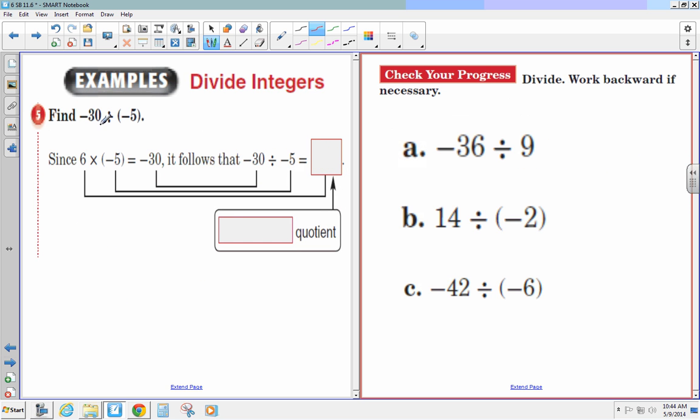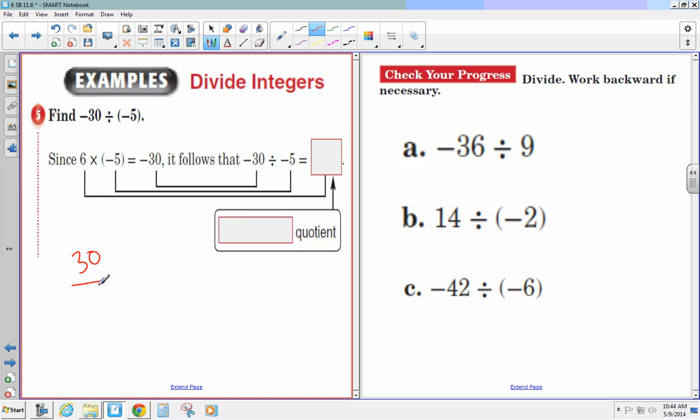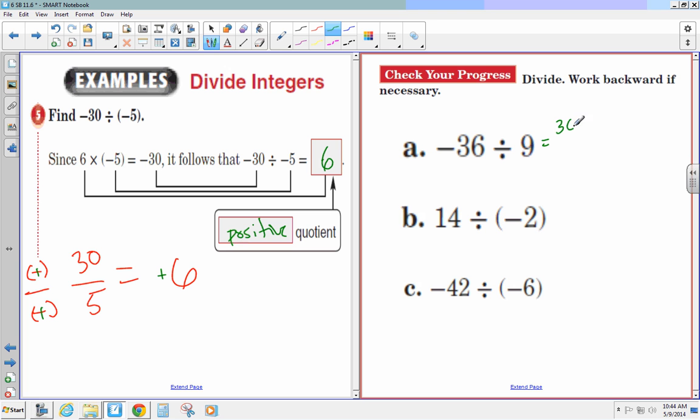This one, 30 divided by 5 gives us 6. But negative divided by negative, same sign, 2 negatives cancel out, and it becomes positive 6. So it is a positive quotient. All right, looking here, 36 over 9 is equal to 4.